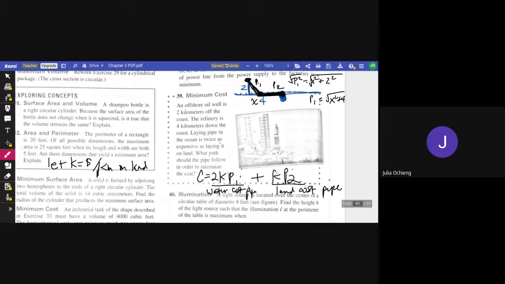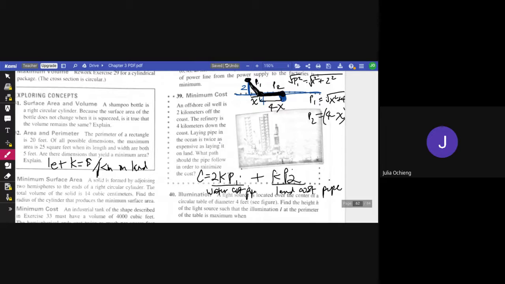Likewise, I'm going to have to find the length of P2. Well, hold on. This little bit here was X, and this whole thing on the land had to be a total of 4. So if X was used up down here, this has to be 4 minus X. So P2 is just purely 4 minus X. That's how long the pipeline on land is.